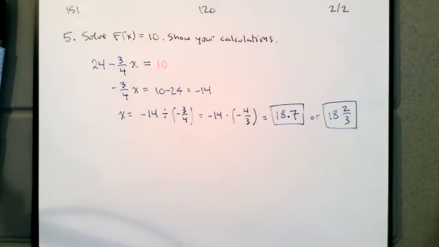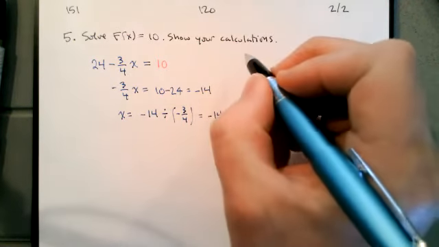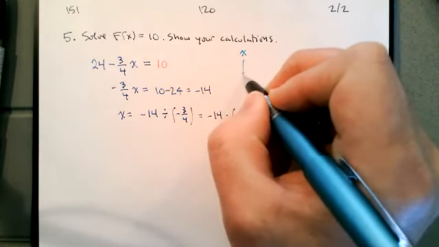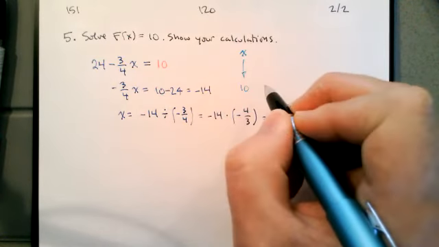If we go back to our original, or actually before we do that, notice that if we think about what happened to the x here, we can make a plan based on inverse operations in reverse order. We're trying to figure out what x will turn into a 10 through this process.